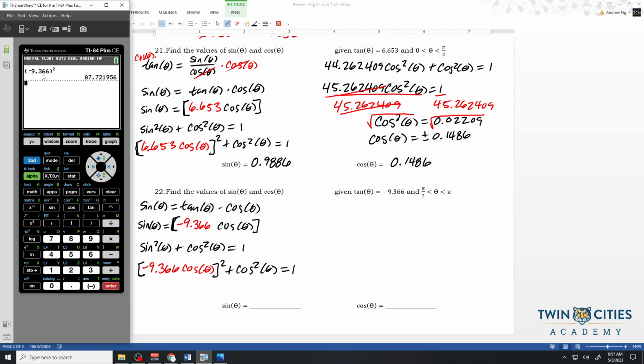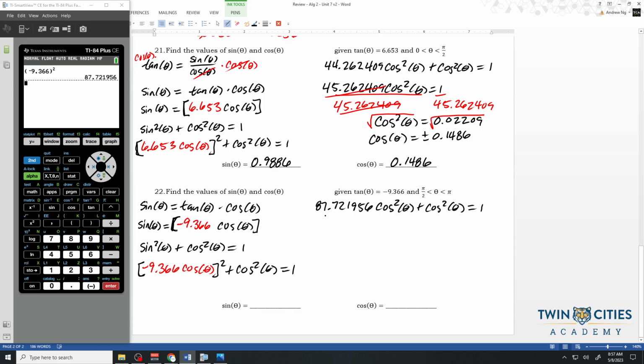So negative 9.366 squared is going to be 87.721956. So this will be 87.721956 cosine squared of theta, because I'm also squaring this cosine, plus another cosine squared. This is equal to 1.